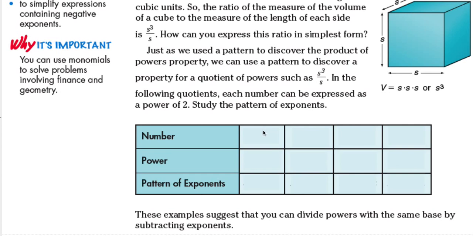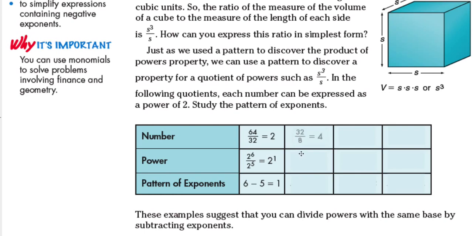Study the pattern of the exponents. 64 over 32 is the same as 2. 64 is 2 to the 6th power, 32 is 2 to the 5th power, if you recall from the last lesson, and 2 is simply 2 to the 1st power. Look at the pattern. You're simply subtracting 5 from 6, so 6 minus 5 equals 1.